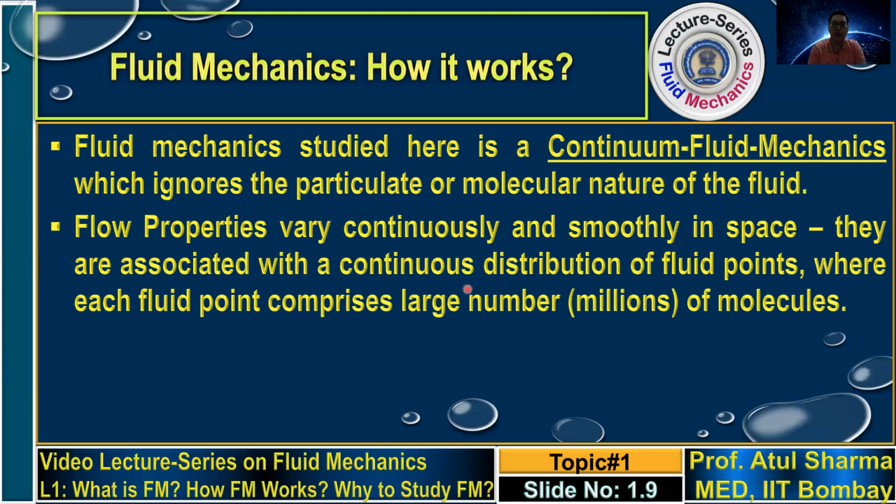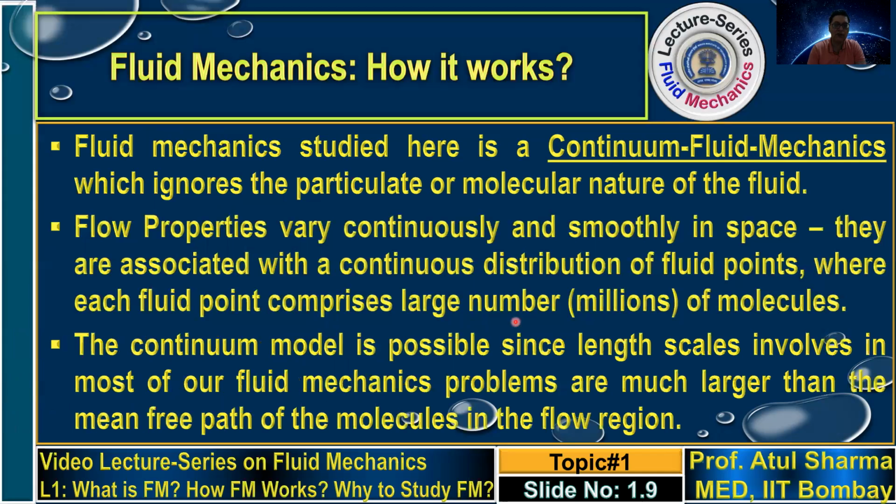They are associated with a continuous distribution of fluid points. In a fluid flow region, we consider the fluid points as continuous, where each fluid point is made up of a large number of molecules. The continuum model is possible since the length scales involved in most of our fluid mechanics problems are much larger than the mean free path of the molecules in the flow region.